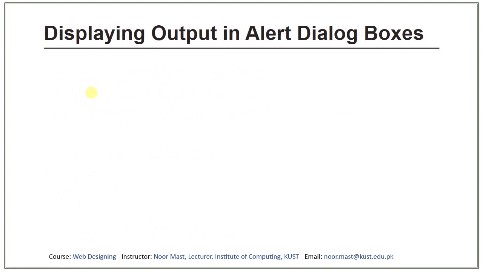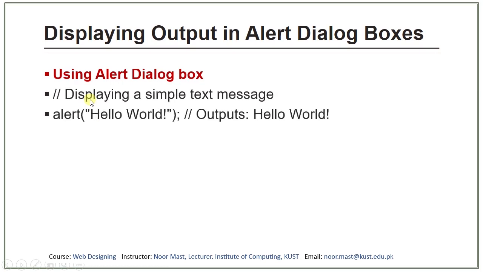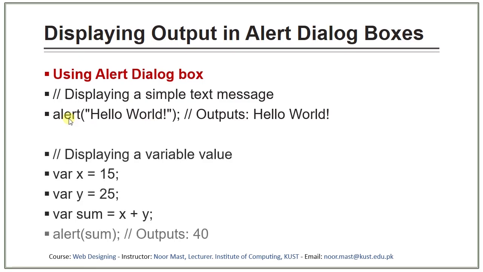Displaying output in alert dialog box. You can also use alert dialog boxes to display a message or output data to the user. An alert dialog box is created using the alert method. Look at this example. Here we want to display the hello world message using the alert method, and this is the second example.